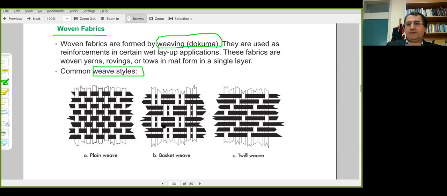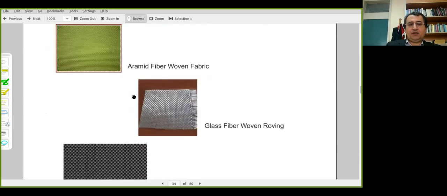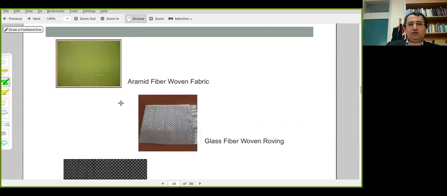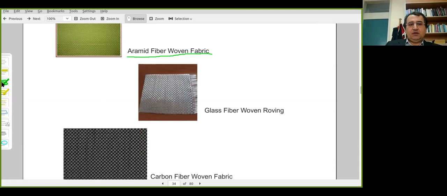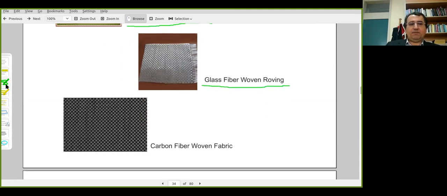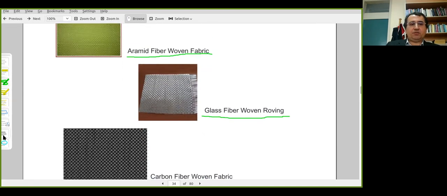This microstructure will affect the overall properties, which can be determined by testing. And examples are shown. We have already shown this, actually. This is Aramid woven fabric. That's glass, and this is carbon. So you need to start with a certain type of reinforcement.